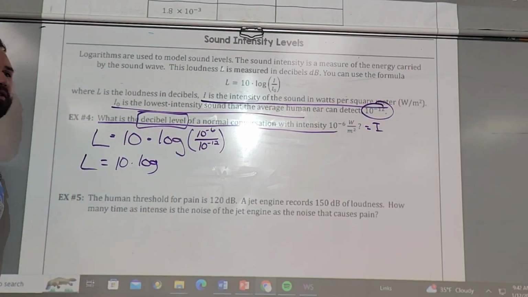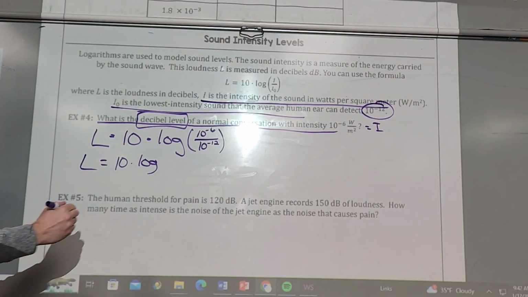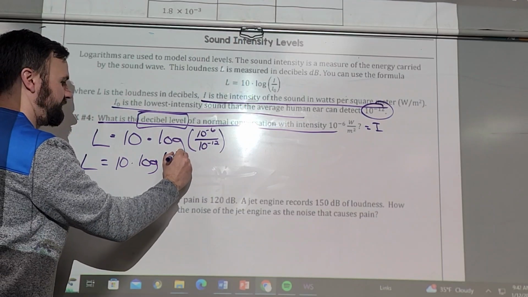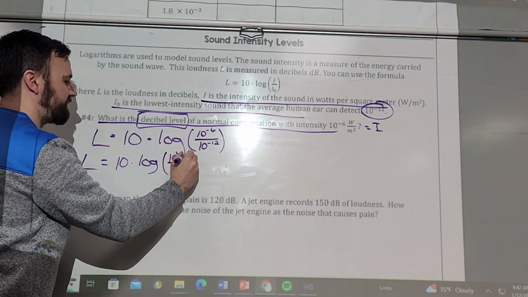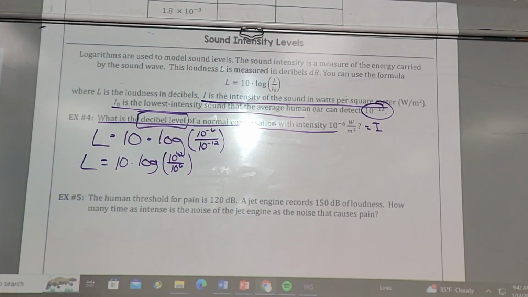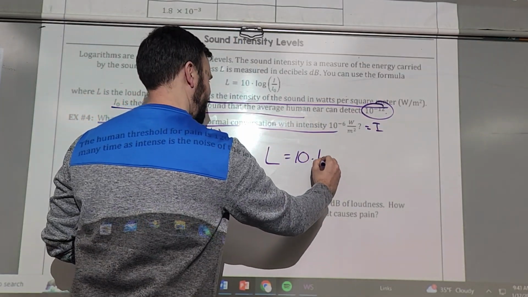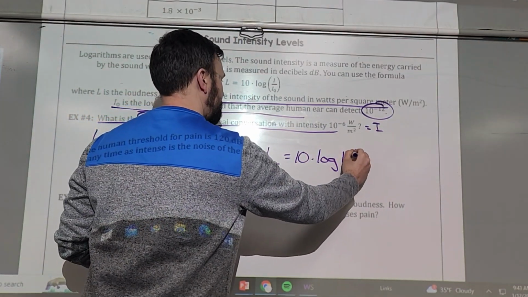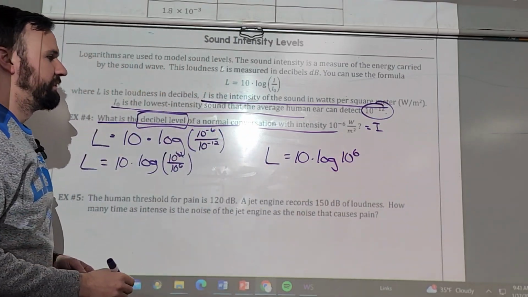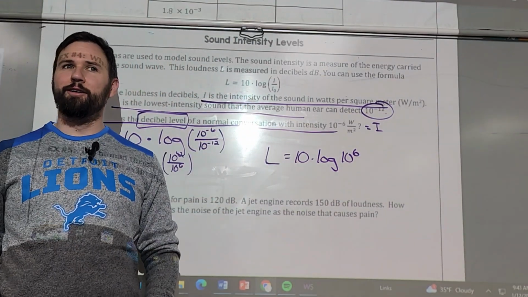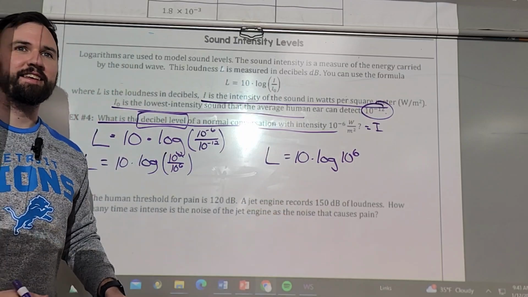What do I do with these if they're both negative? Flip them. So I get 10 to the 12th over 10 to the 6th. What do I do with my powers with the same base? Subtract them. So that becomes 10 to the 6th. What's my base on this?